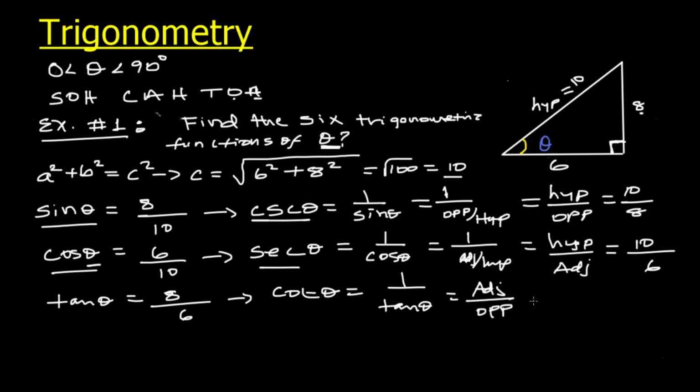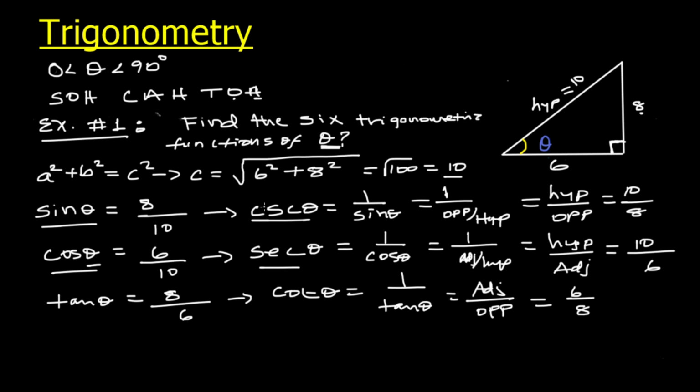That is 6 divided by our opposite side, which is 8. Basically that's it. We know our 3 basic trigonometry functions: sine, cosine, and tan theta.